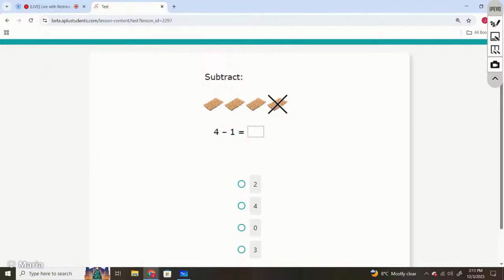Okay, 4 take away 1. So you need to count the ones that are not crossed out. So 4 take away 1 is 3.